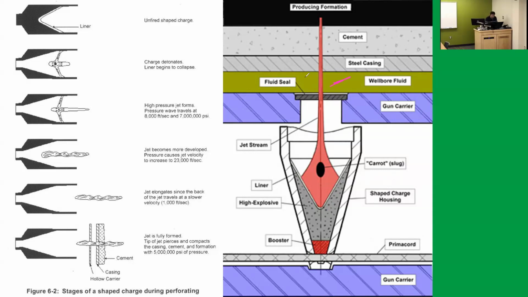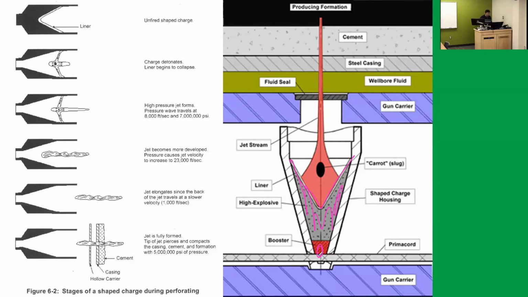This one is the wellbore fluid. What else? We have the gun. You have the liner. Here, you have the explosive, which is the gray. The booster is basically the primer.